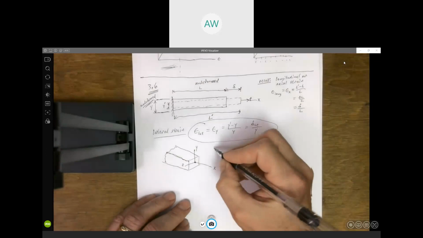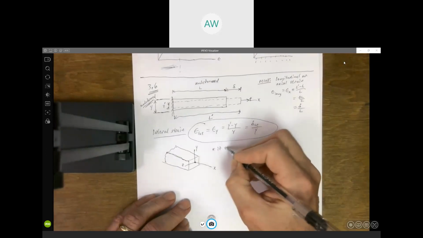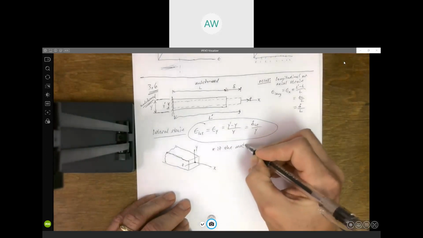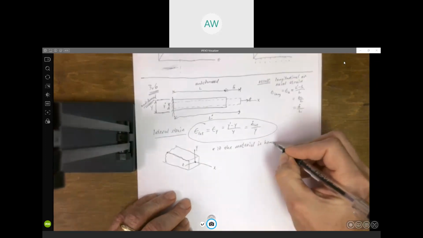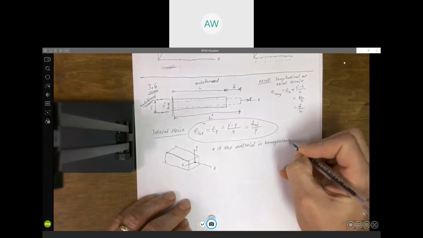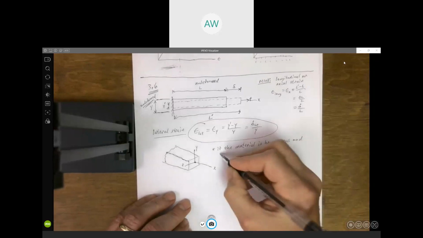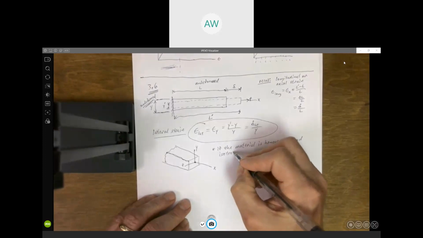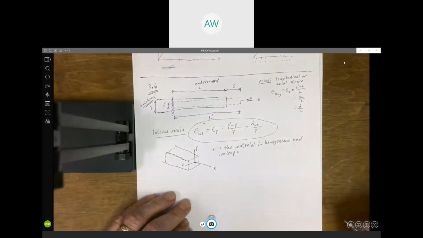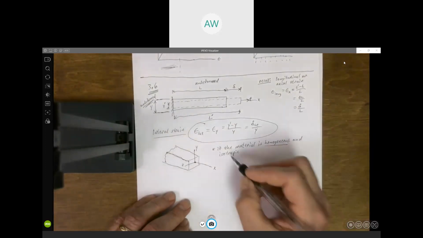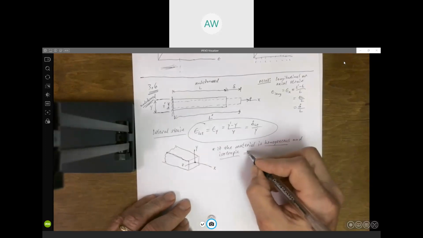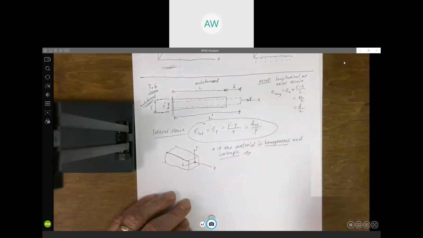As long as the material is homogeneous and isotropic, which basically these two requirements ensure you get the same material properties in every direction, the lateral strain is going to be the same in the Y and Z direction.